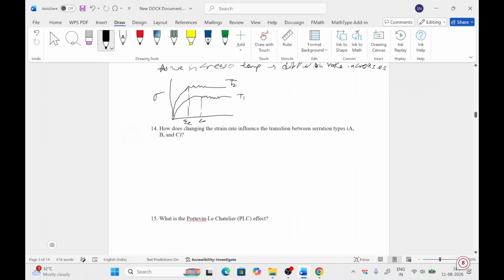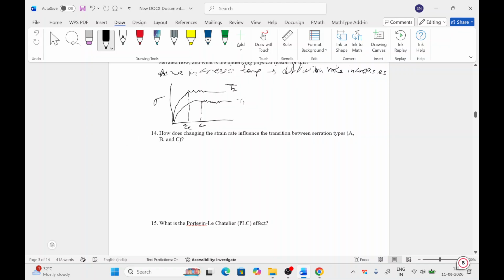So how does changing the strain rate influence the transition between serrated types A, B, and C? So the strain rate has a direct relationship with the critical strain value, meaning if we increase the strain rate, the critical strain also increases.